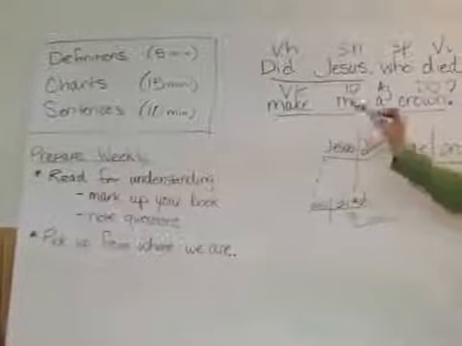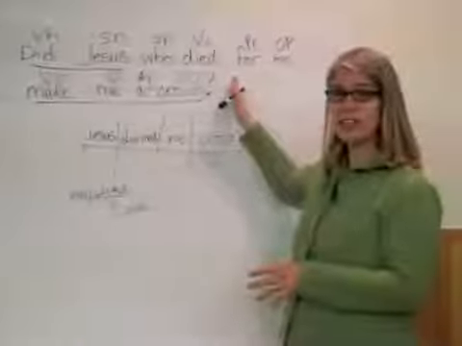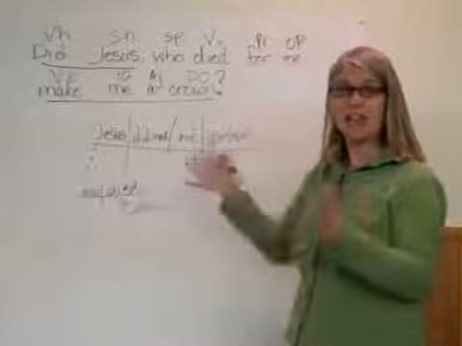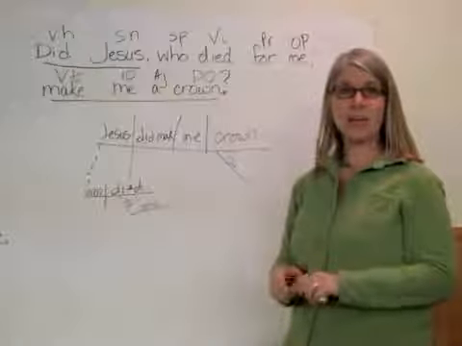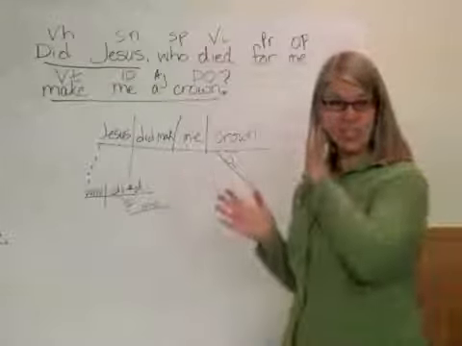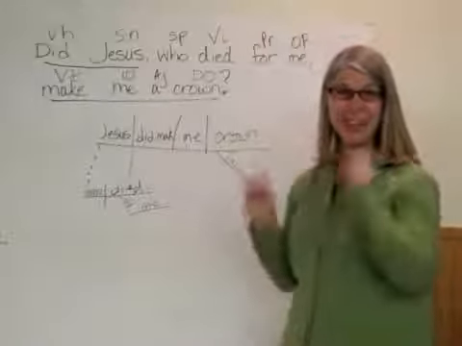Do 10 minutes of diagramming a sentence all the way through the 6 tasks. And if it's too difficult to move to a new sentence, do the same sentence every day. Come back to class and find out if maybe we might do it as review. And so everybody will be excited because they'll know it.